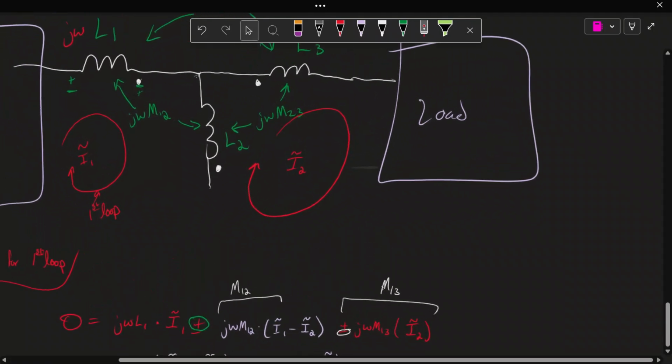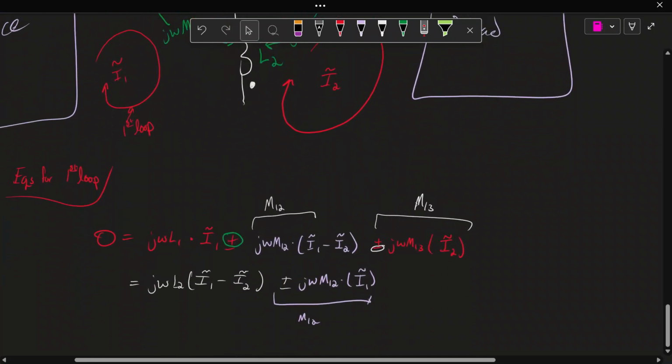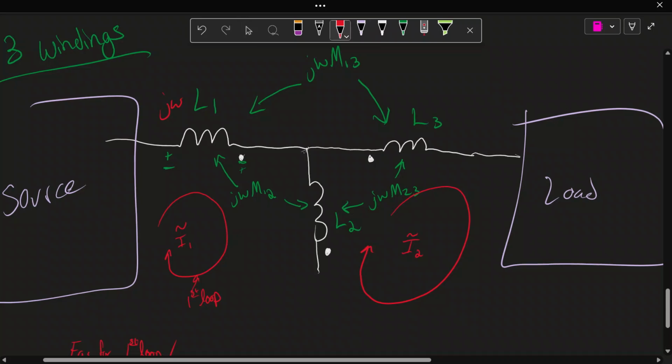Now is it positive or negative? Actually, let's just look at I1 for the M. I1 is going to enter the undotted side of L1. That means you have a positive at the undotted side of L2. So you have a positive here and a negative here.